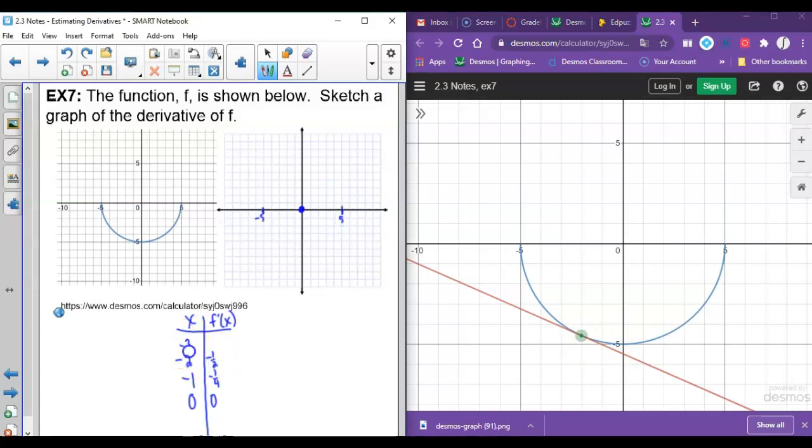And then at -3, now it looks a little steeper. I'm pretty close to -1. These are just estimates. They're not exact. I'm just estimating. And as I keep on here at -4, it's even steeper, closer to -2. And if you look at what happens, as I get closer and closer and closer to -5, my line becomes more and more and more vertical.